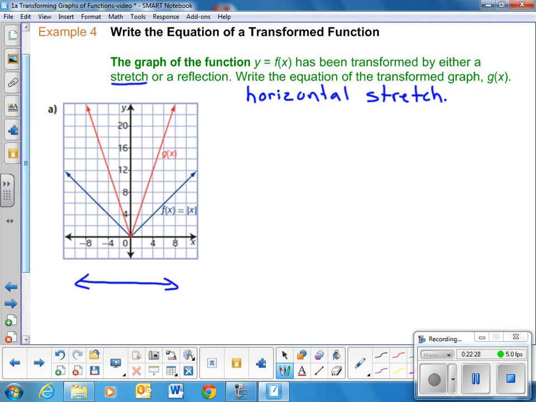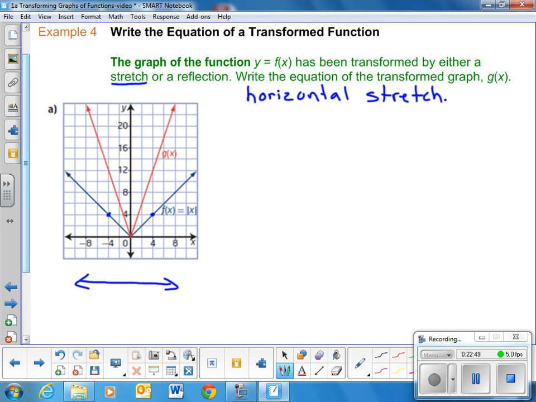To do that, we're going to look at how those points have changed. So we're going to pick 2 points on our original function that have the same y value, and we're going to look at the distance between those 2 points, compared to the distance between the similar points on our new graph.